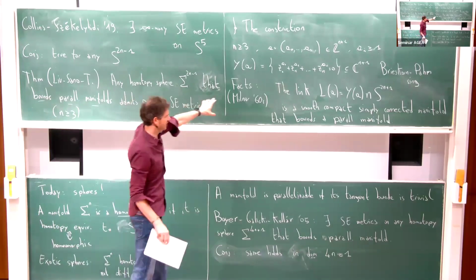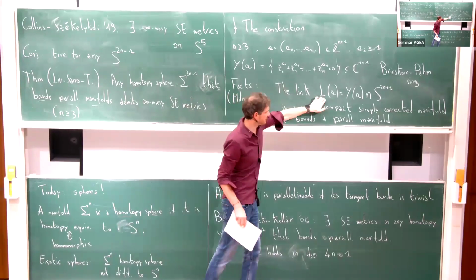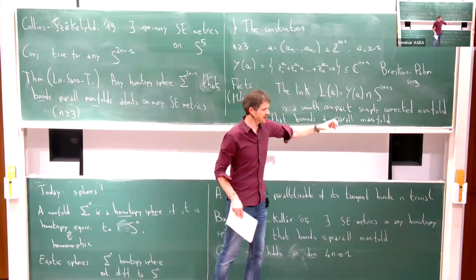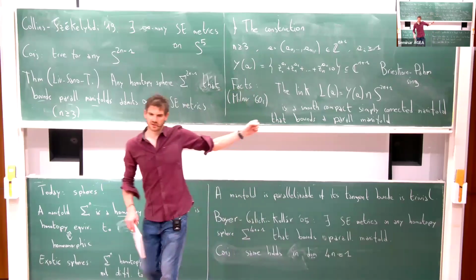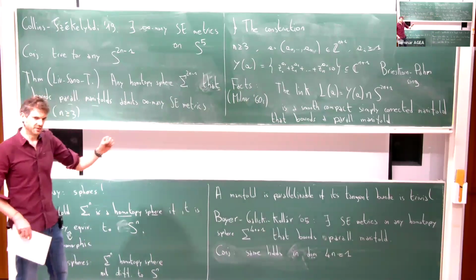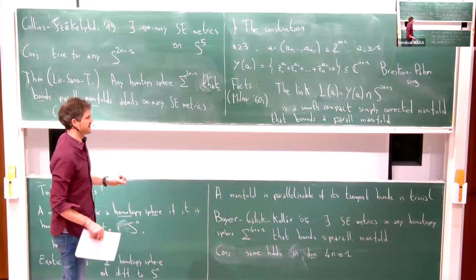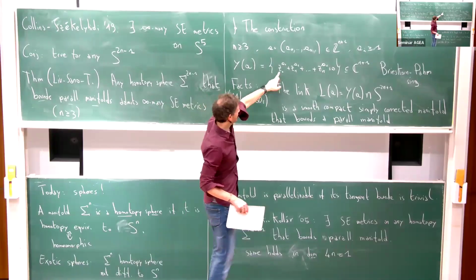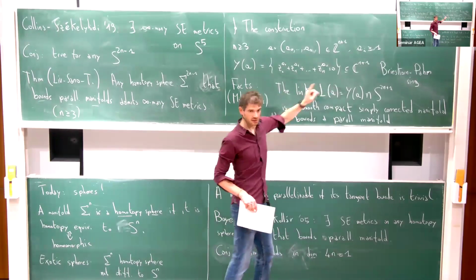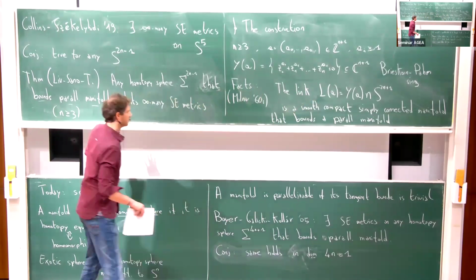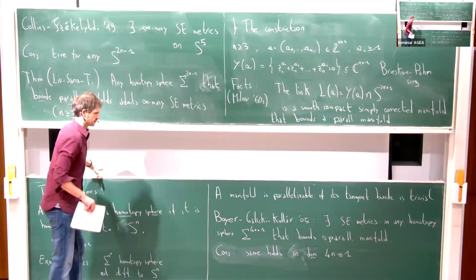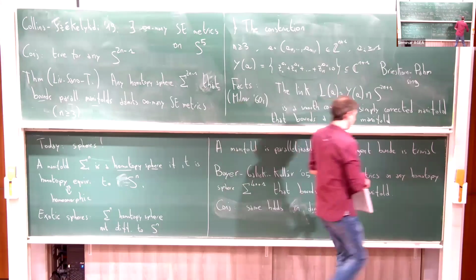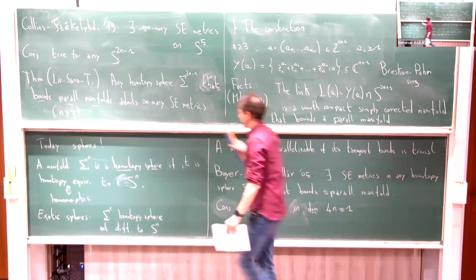We need to study when it is a sphere, but at least it's simply connected and it bounds a parallelizable manifold. It actually bounds the Milnor fiber of this singularity. And you can prove that the Milnor fiber is parallelizable. But the Milnor fiber actually in this case is diffeomorphic to the same equation equal to 1. But okay, for us that's not relevant.